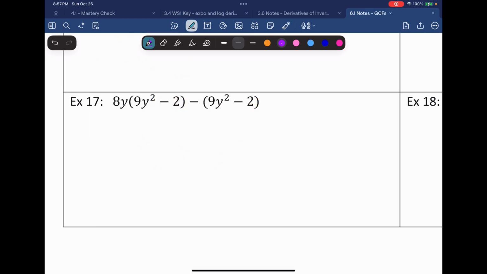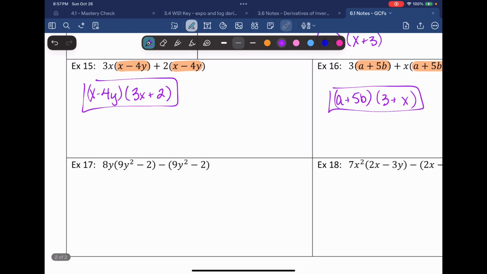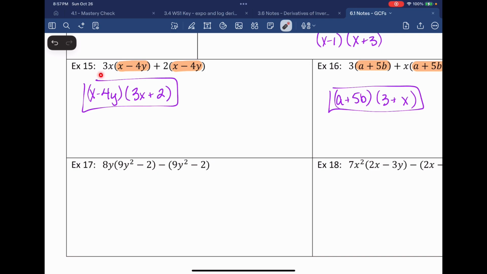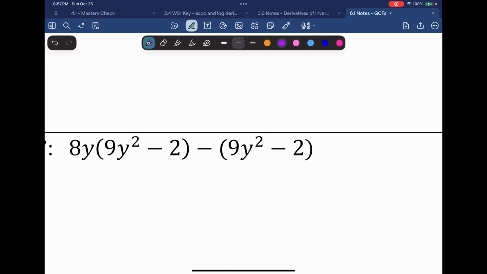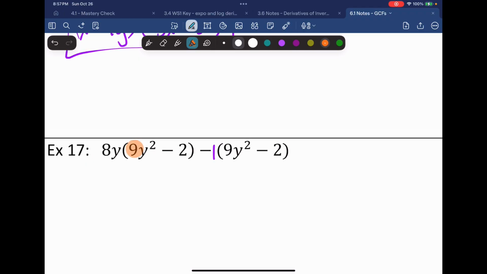Now, these previous two examples, they all had something in front of our parentheses. What if it doesn't have anything? Okay, well, before you find your common binomial factors, you put a 1. And I can see the common binomial factor, 9y squared minus 2.